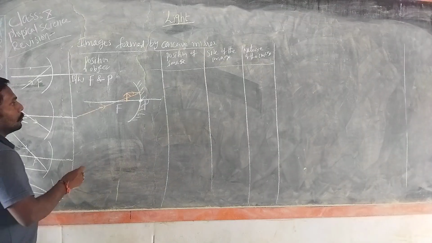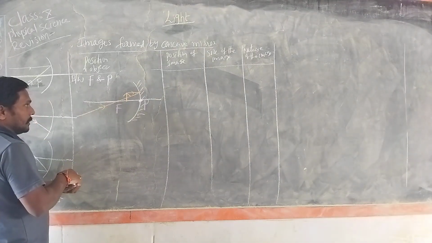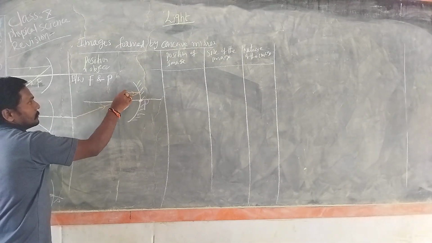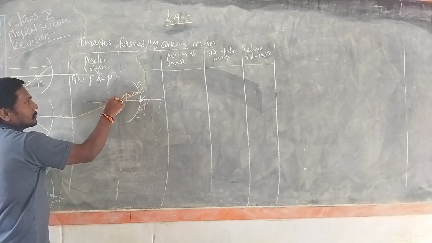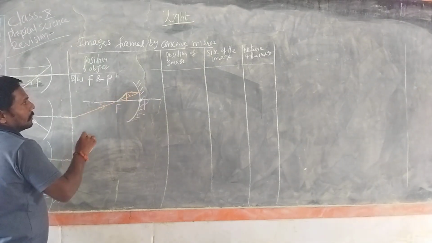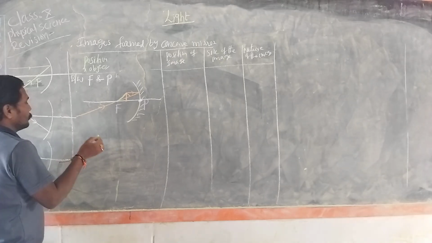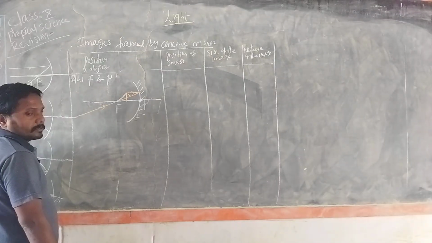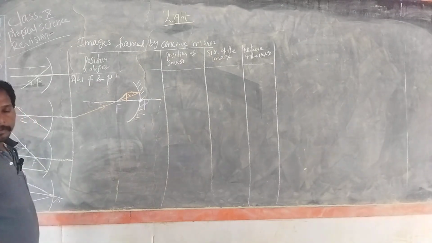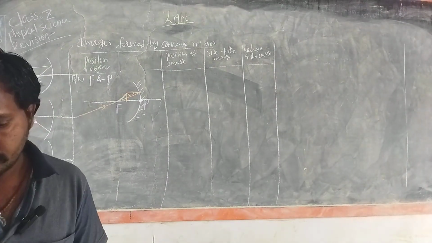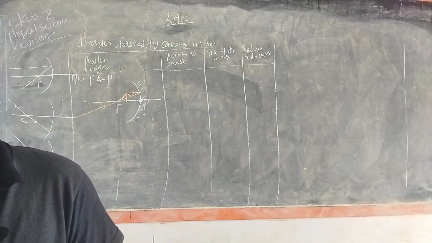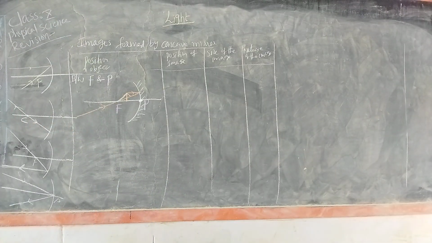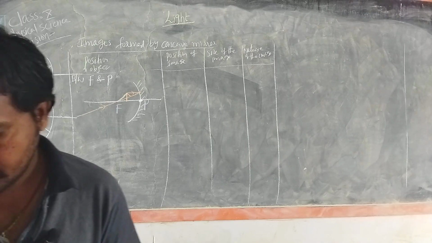Then one more light ray to be taken as passing through the focus. When it is passing through focus, we know that it reflects parallel to the principal axis.